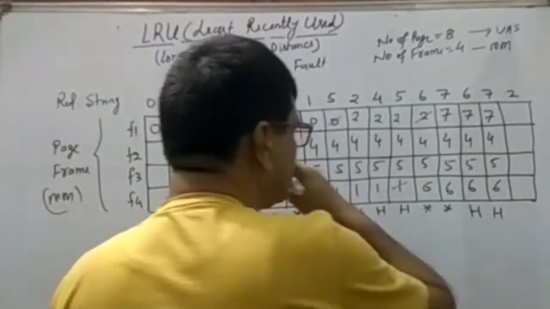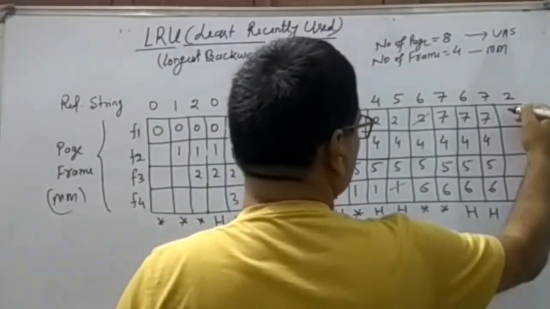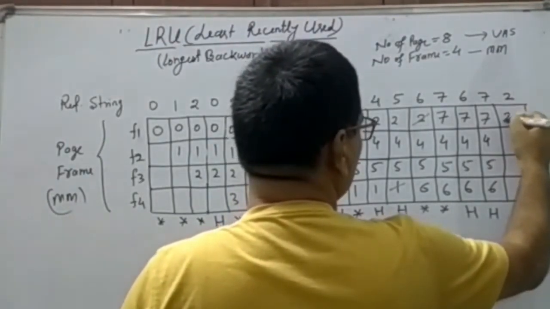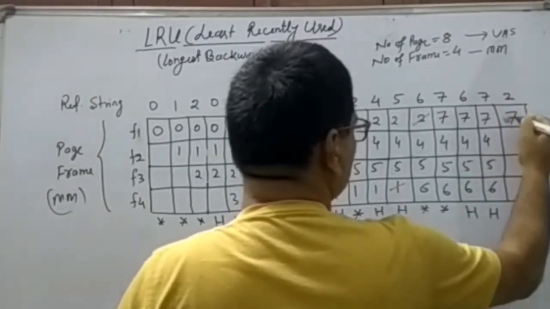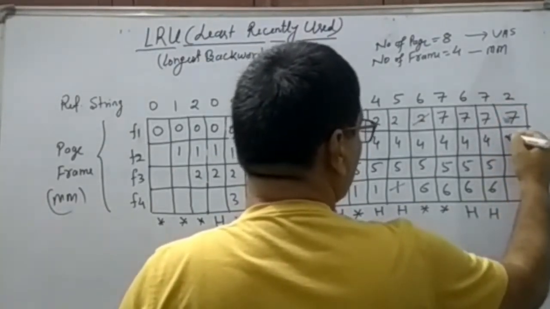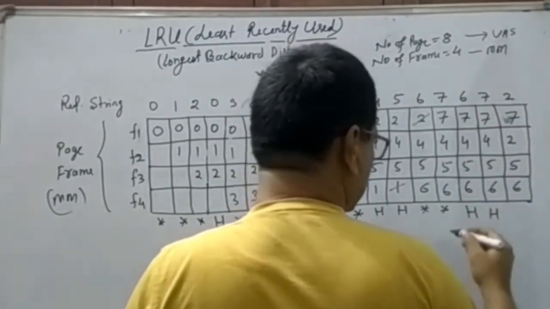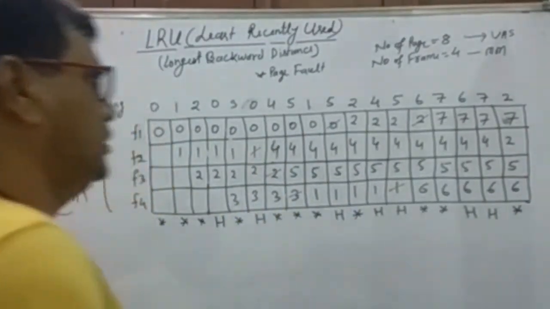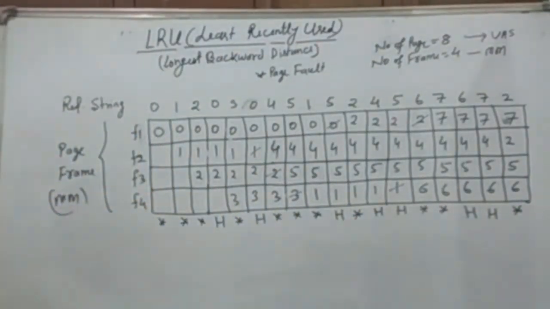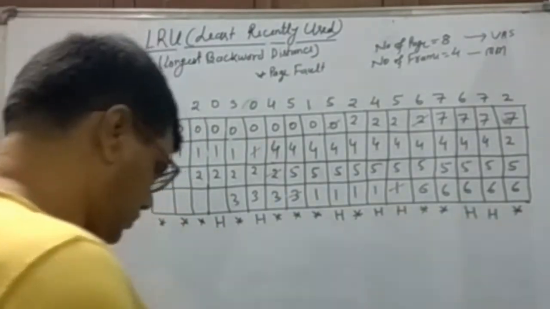So we replace the 4 here. 7, 2, 5, 6, and this is also a page fault.